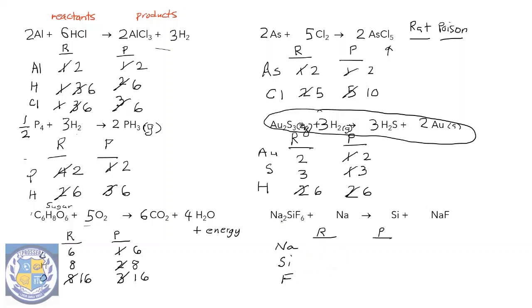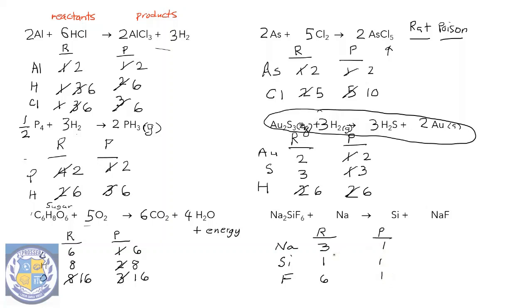Sodium, we have 2 in this sodium silicon fluoride compound, and then we have 1 sodium here, so that's 3 sodiums. Silicon, we have 1 on the reactant side, and fluorine, we have 6. On the product side, we have 1 silicon, 1 sodium, and 1 fluorine.